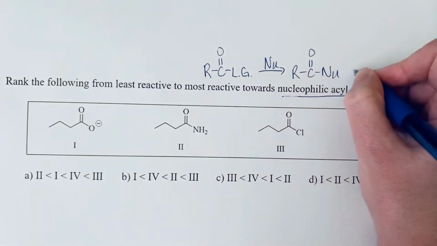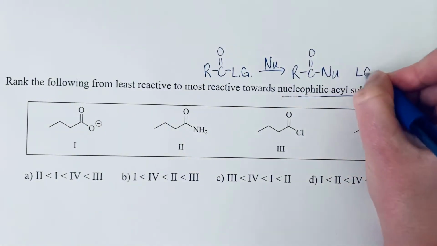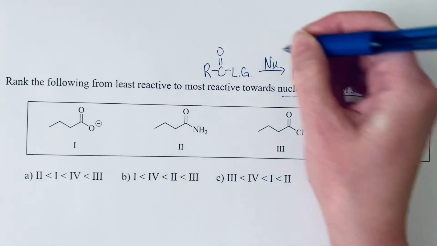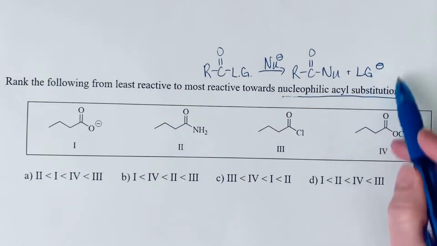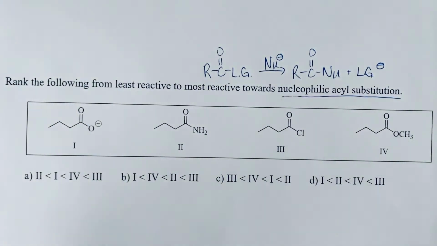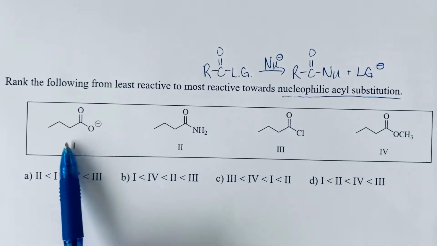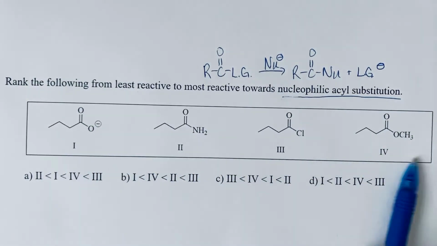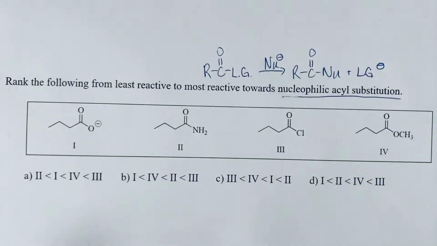You're going to be doing this sort of replacement. And so that means that your leaving group is going to be lost as an anion, or possibly if you've got an acid catalyst, it might be neutral. But if we're comparing these, let's just consider that we are using the same anion to displace all of these. So what we want to do is compare the leaving groups.